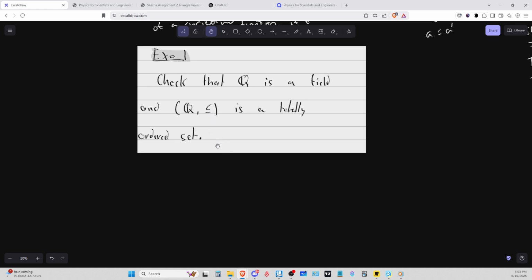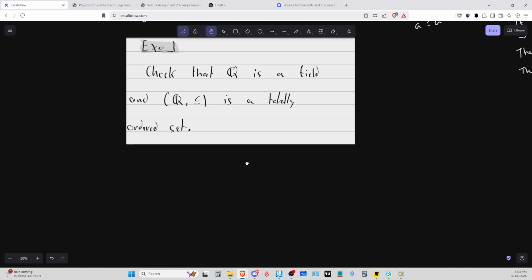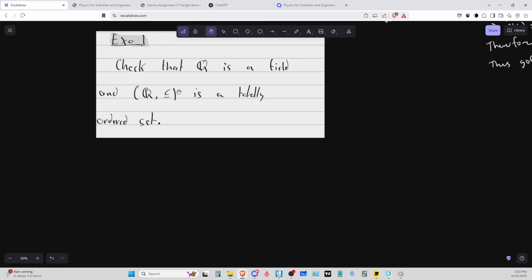I think that's supposed to be a relationship. So now I have to remember what a field is, so let's look up the definition, just so that we can be on the same page.